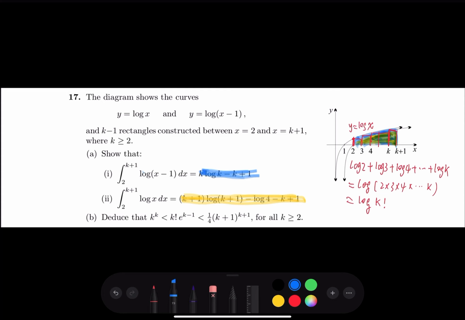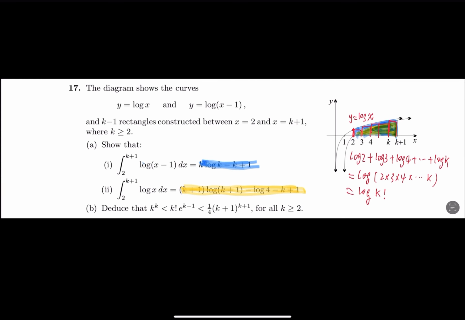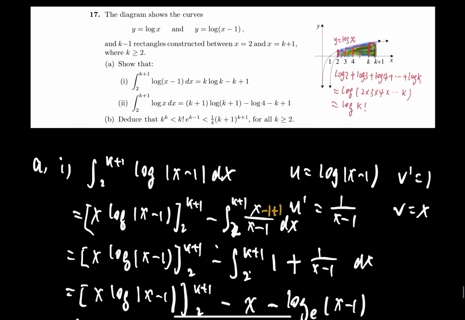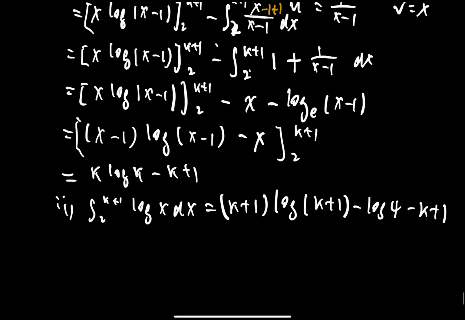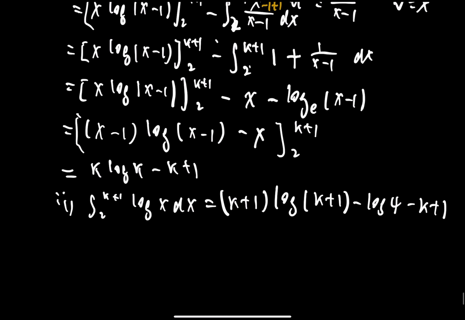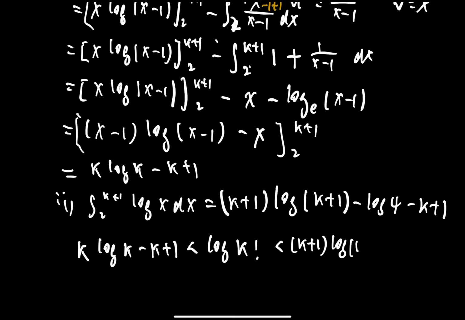Okay, so let's move on. I'm going to write down: k log k minus k plus 1 is less than log k factorial, which is less than k plus 1 log(k plus 1) minus log 4 minus k plus 1.